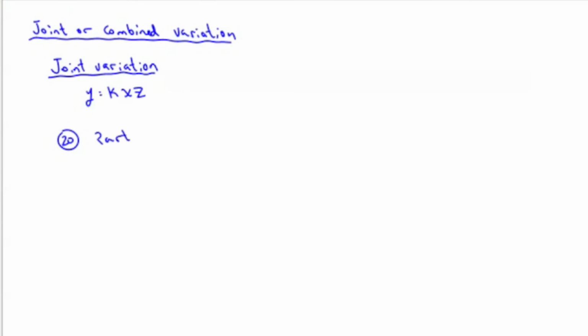F equals 20, area A equals 3, and V for velocity equals 30.